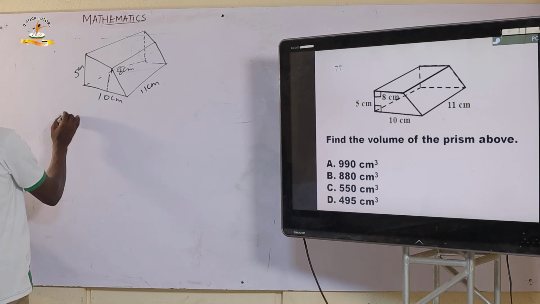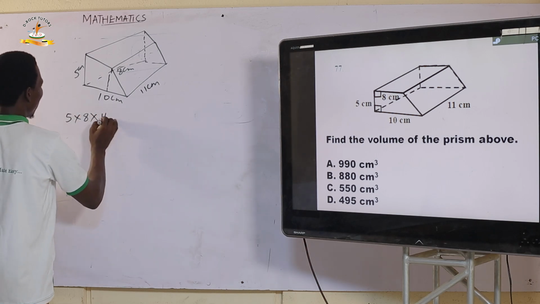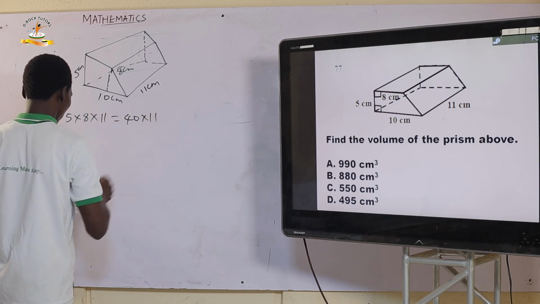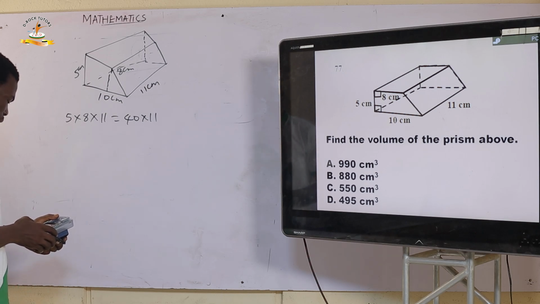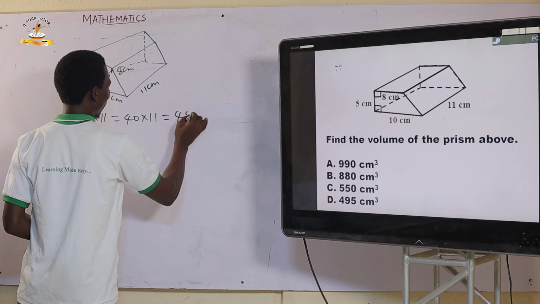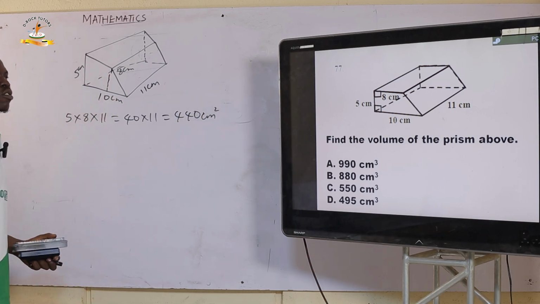So it is 5 times 8 times the depth, which is 11. That is 40 times 11, which is 440 centimeters squared.